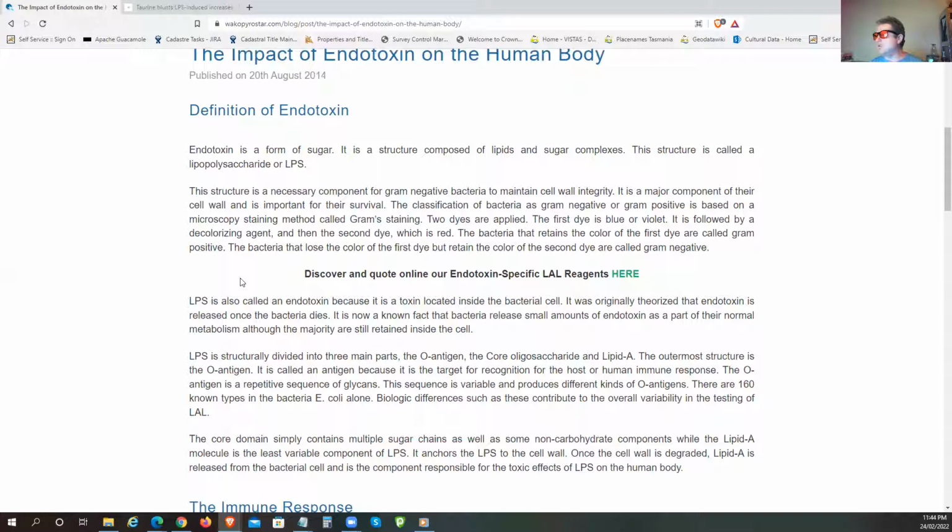Once the cell wall is degraded, lipid A is released from the bacterial cell and is the component responsible for the toxic effects of LPS in the human body. So it depends on how much bacteria gets into your bloodstream how toxic the levels will get in terms of inflammation, which will activate macrophages and the immune response and all that sort of stuff.